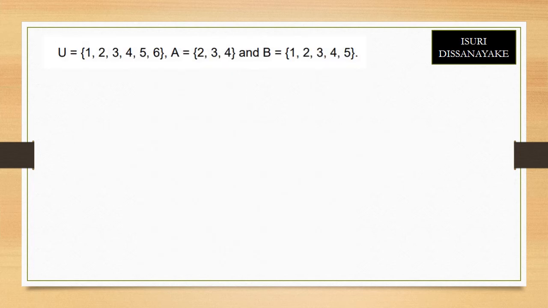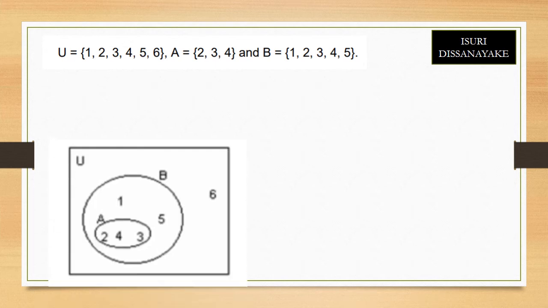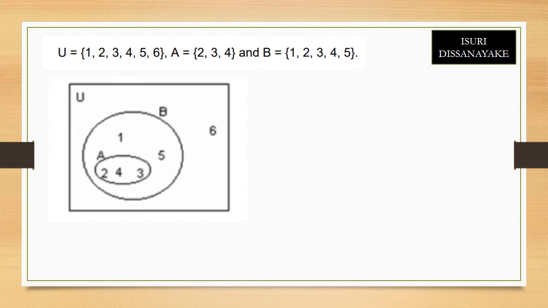I will explain subsets using an example. Look at this diagram. Can you see that set A has 3 elements, 2, 3 and 4, and all these 3 elements are included in set B, which is 1, 2, 3, 4 and 5.